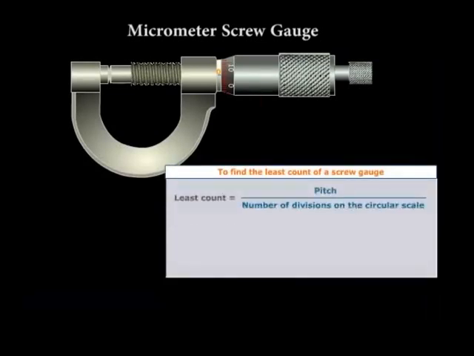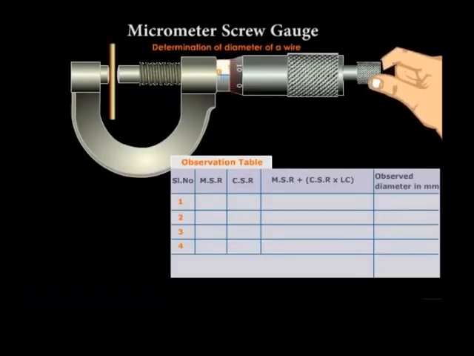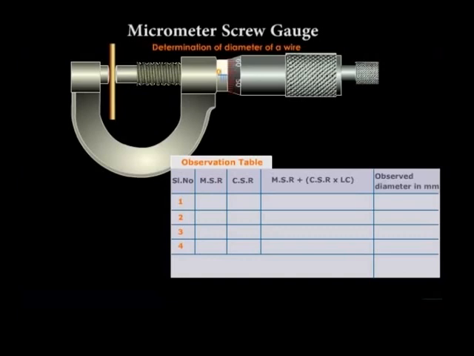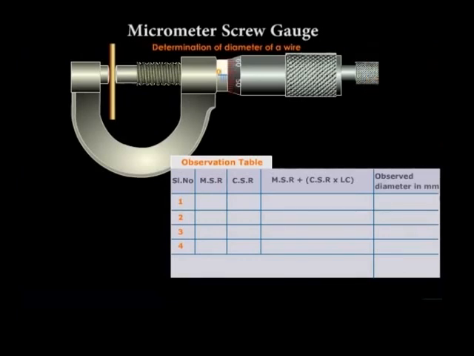Now for the screw gauge on your screen, it is free of zero error. So let's use it to determine the diameter of a wire. We place the wire between the anvil and the flat end of the screw. Turn the ratchet clockwise to hold the wire gently.